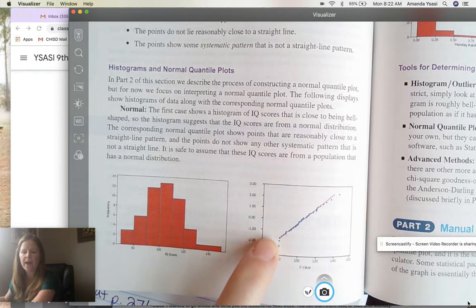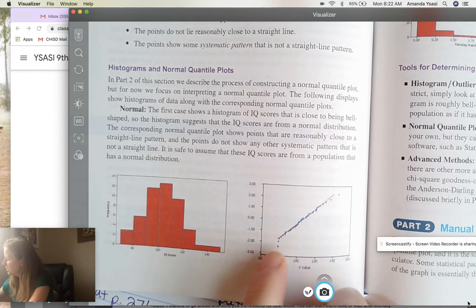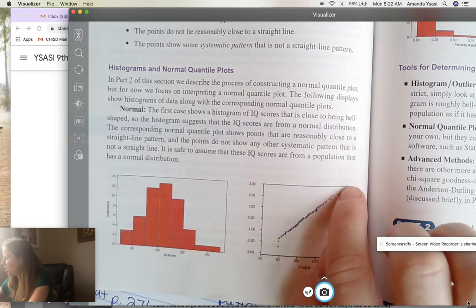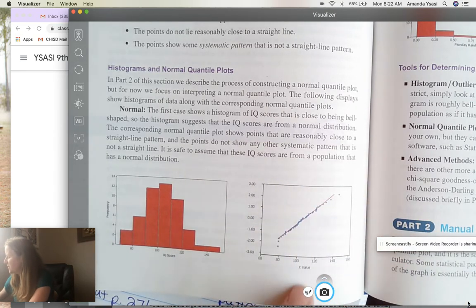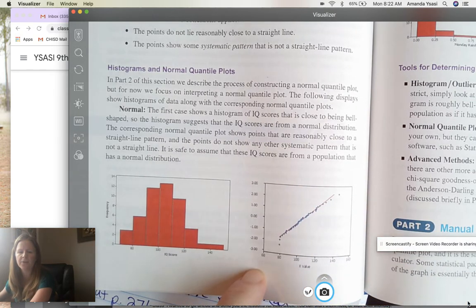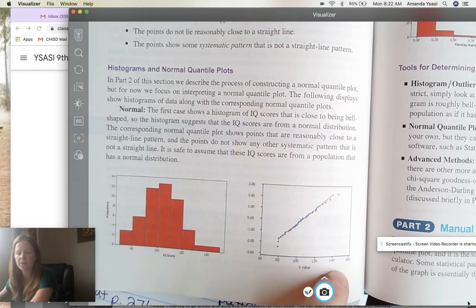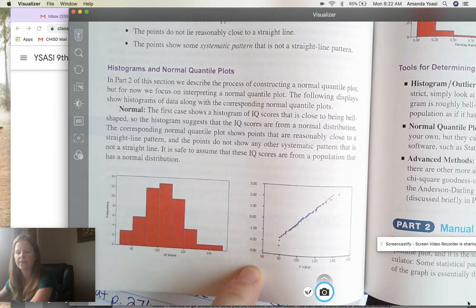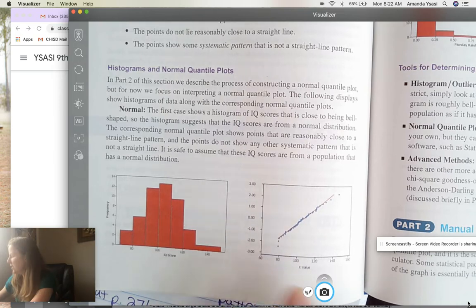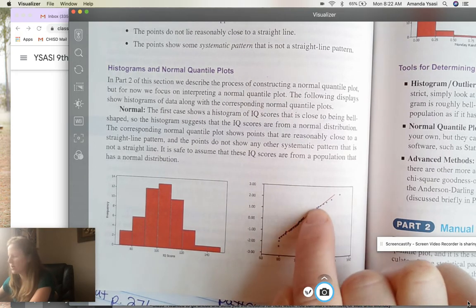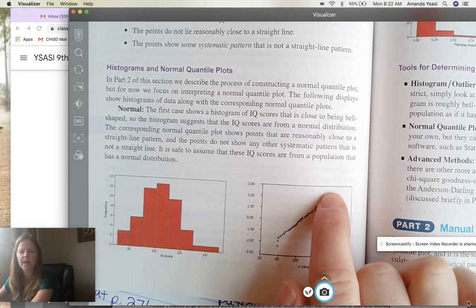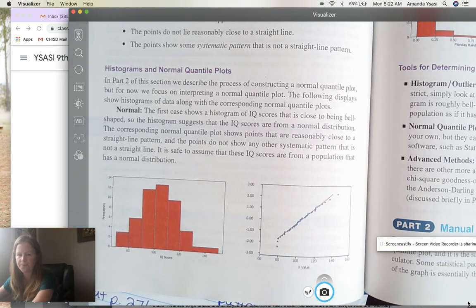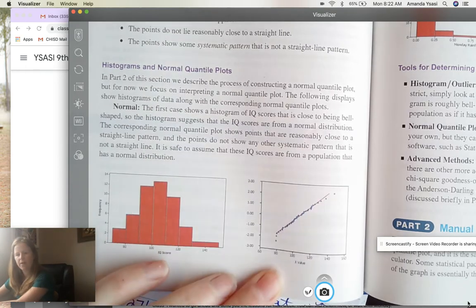So we have the XY plots from the QQ plot. This is your X value, this is your Y value, where X is your original data and Y is your Z-score. And see how it follows a straight line? So that tells us that it is normal. So it's safe to assume that the population has a normal distribution using this QQ plot.